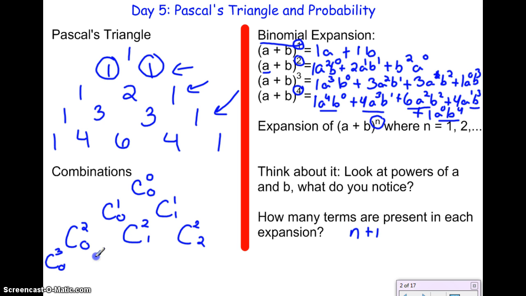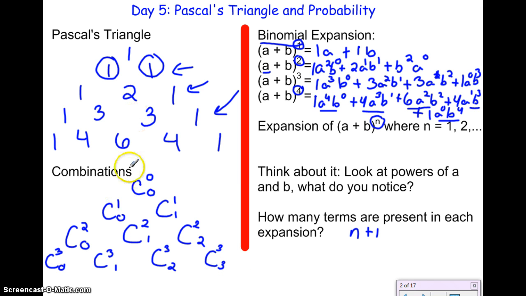So 3 choose 0, 3 choose 1, 3 choose 2, and 3 choose 3. Okay, and you guys can list these out as well. There's one way to pick 0 out of 3. There are 3 different ways you can pick 1 out of 3. There are also 3 different ways to pick 2 out of 3. And there's only one way if you pick 3 out of 3. You got to pick them all at the same time, right?